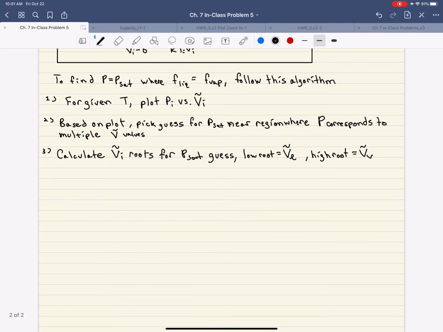Okay. Once you calculate the molar volume of the liquid and the vapor phases, you can then calculate the compressibility factors for both the liquid and the vapor phase. Once you have those compressibility factors, you can then calculate your fugacities.